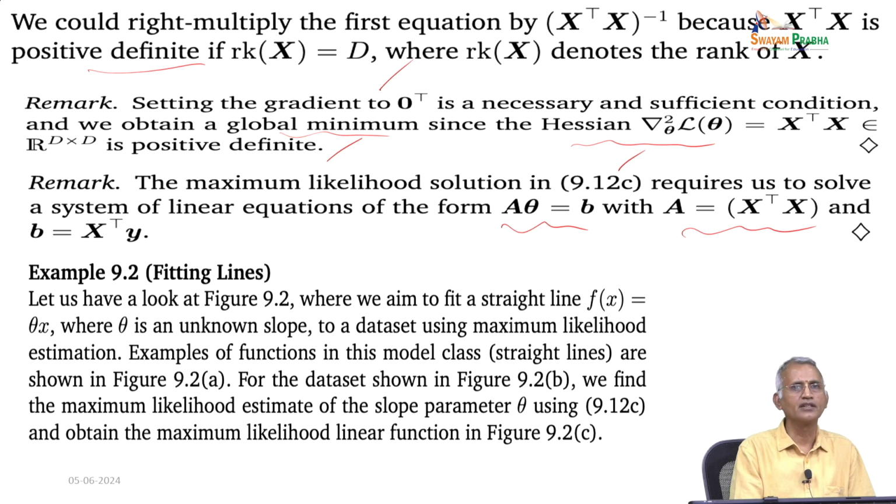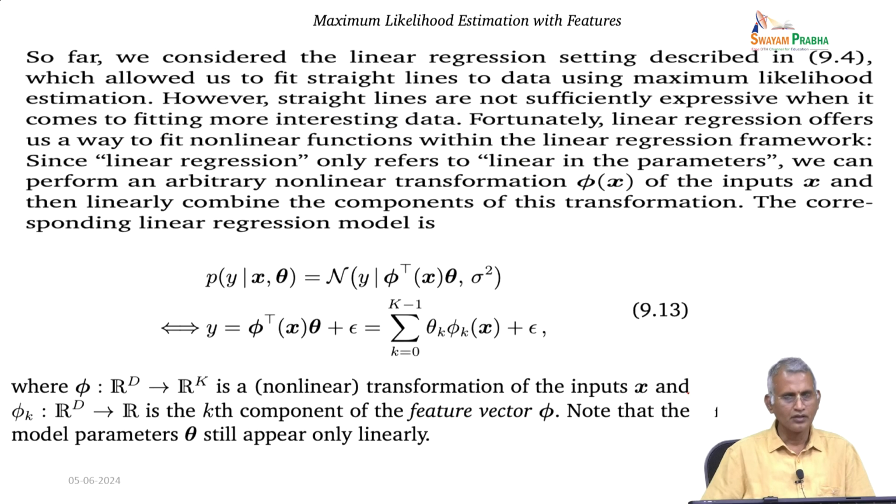Examples of functions in this model class, straight lines, are shown in the figure for the data set. So, we find the maximum likelihood estimate of the slope parameter theta. Maximum likelihood estimation with features.